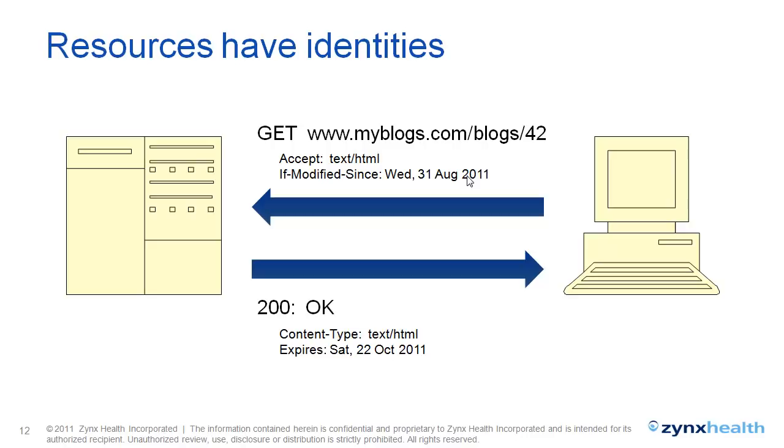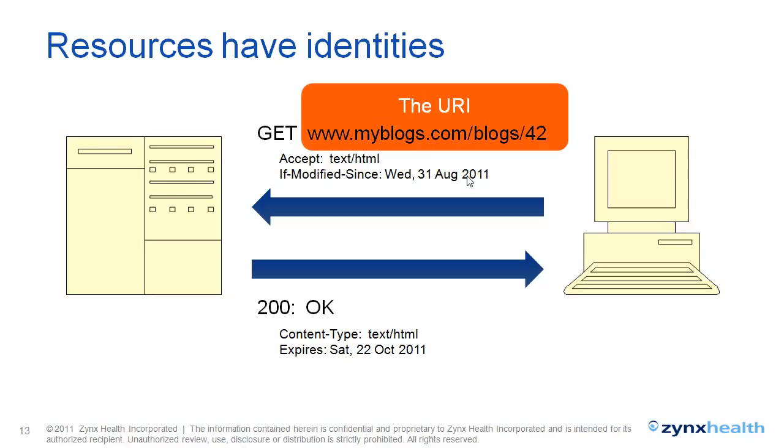Fading out to the architectural characteristics of these minutiae. Resources, for one thing, have identities. And when we're talking about resources, as I illustrated earlier, we're talking about things like web pages, pictures, that sort of thing on the web.